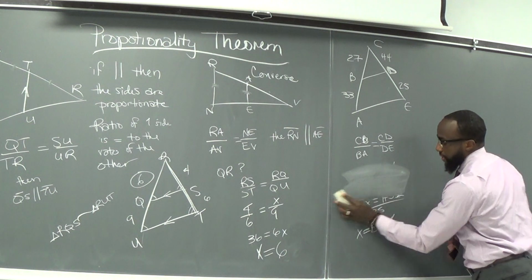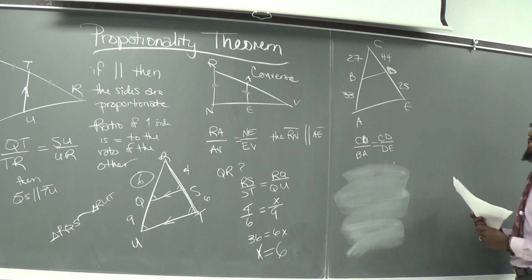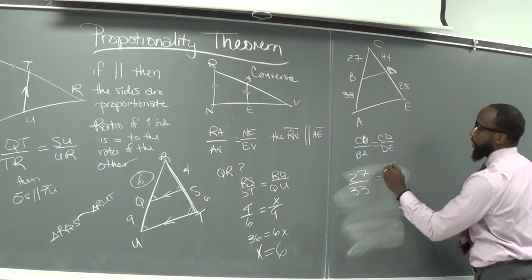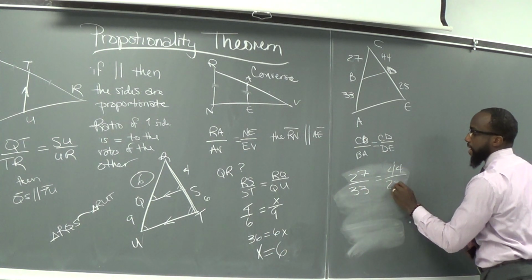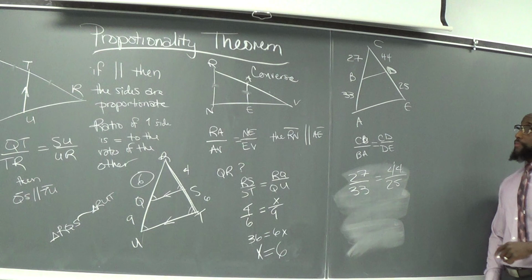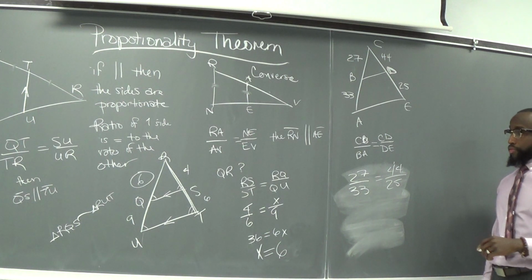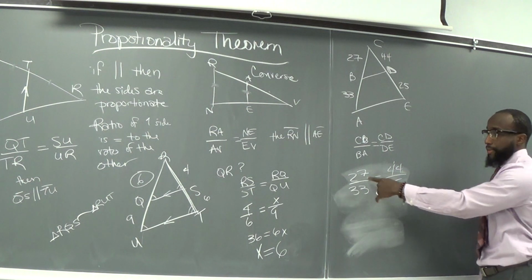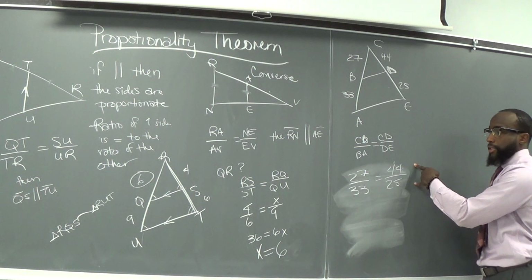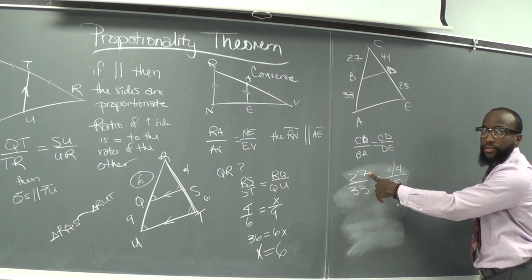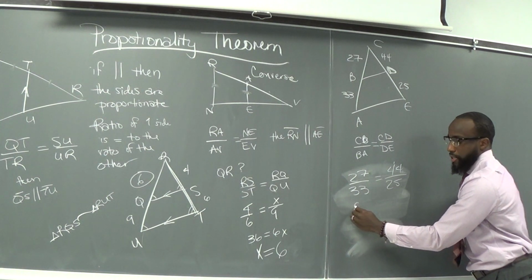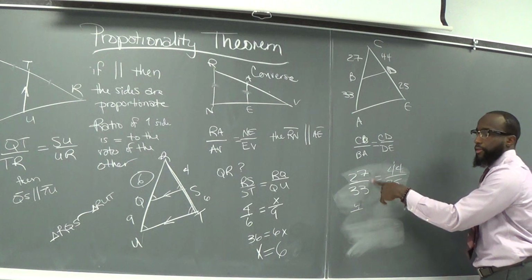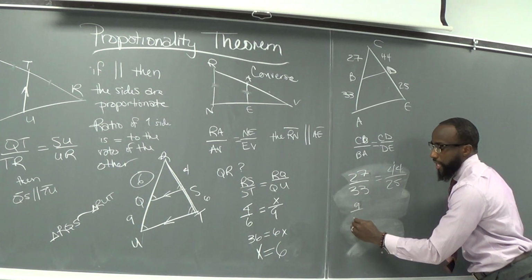But if we got these sides, we got 27 over 33 equals 44 over 25. You can just reduce this. Both are multiples of 3, so that's 9 over 11.